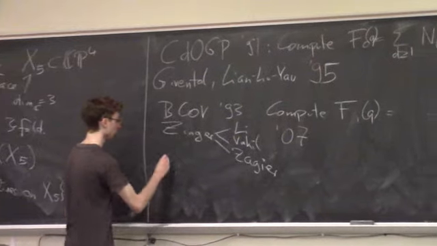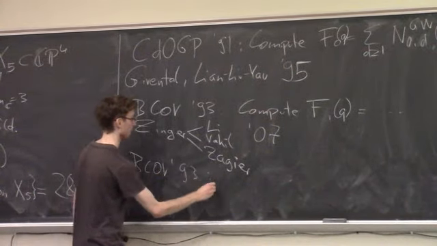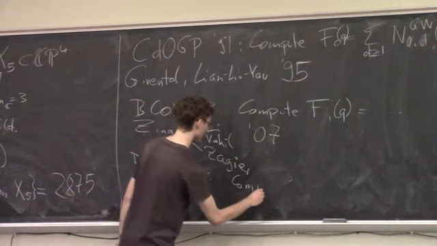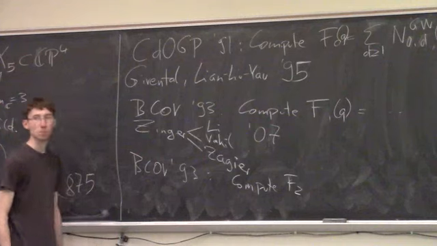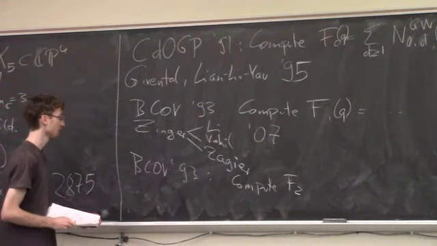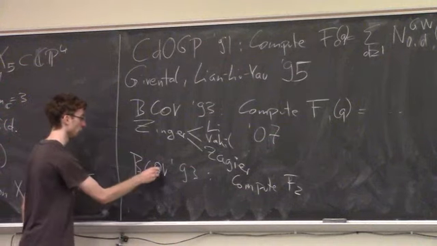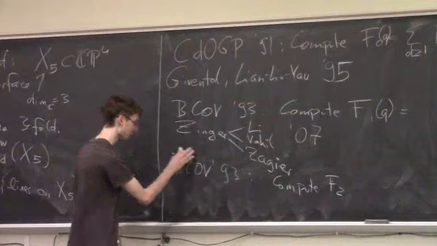And so in BCOV, the same paper, they also did genus 2. BCOV: Bershadsky, Cecotti, Ooguri and Vafa. Yeah, this paper is really famous.